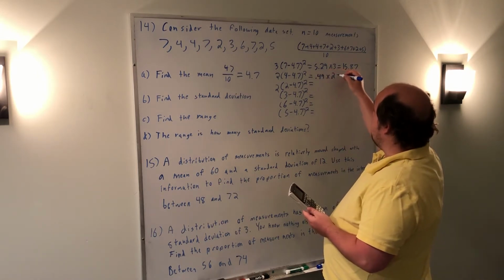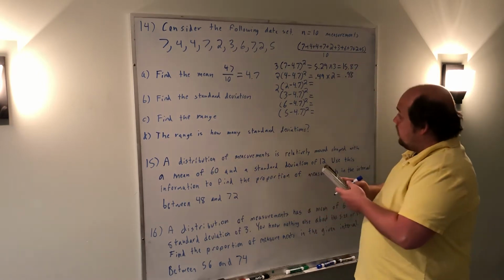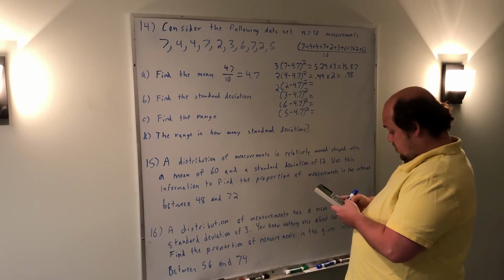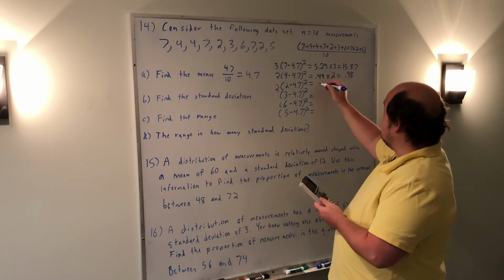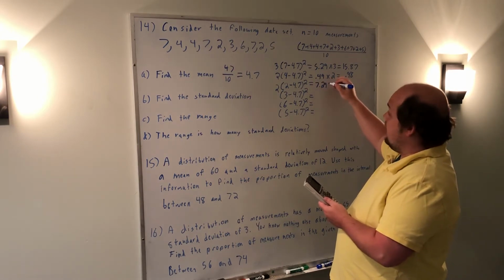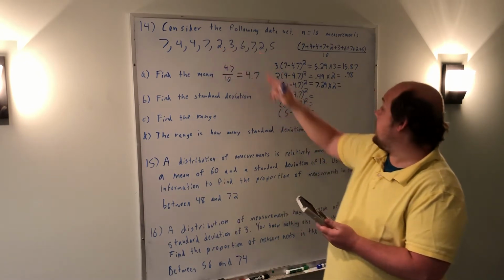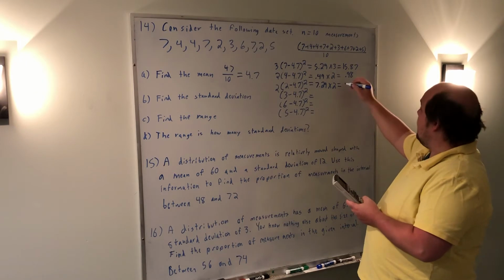I'm going to multiply that by 2 and get 0.98. When I do 2 minus 4.7 squared, I get 7.29. Again, I'm going to multiply that by 2 because there were 2 2's in our data set. So when I do 7.29 times 2, I get 14.58.